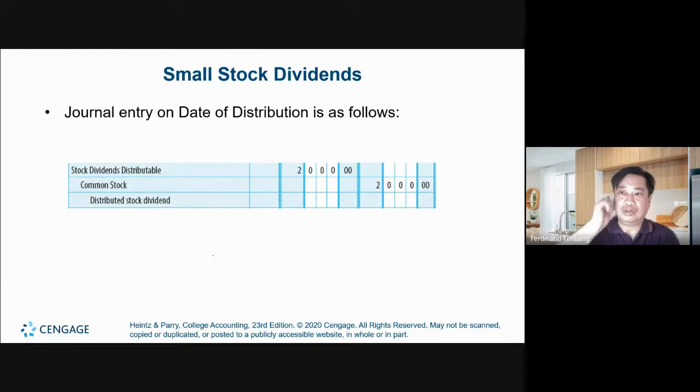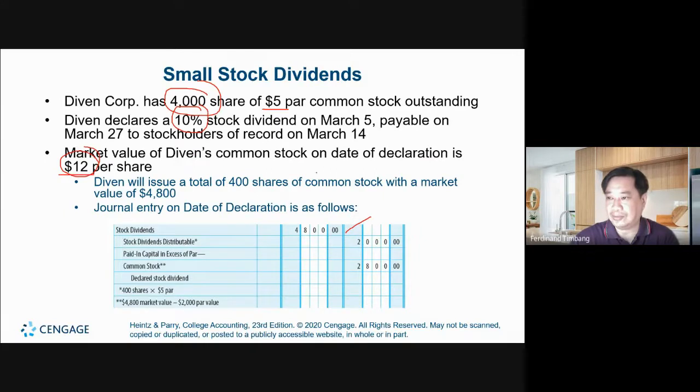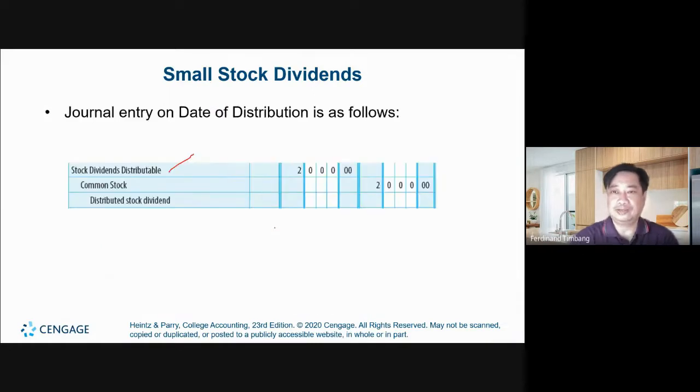So the journal entry on the date of distribution will be as follows. It will be stock dividends distributable, debit, then credit common stock. Take note that what you will be debiting will only be the stock dividends distributable, which is this amount, and this account. The credit now will be common stock because it is already paid.